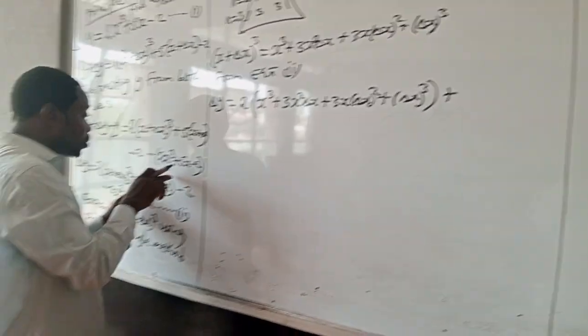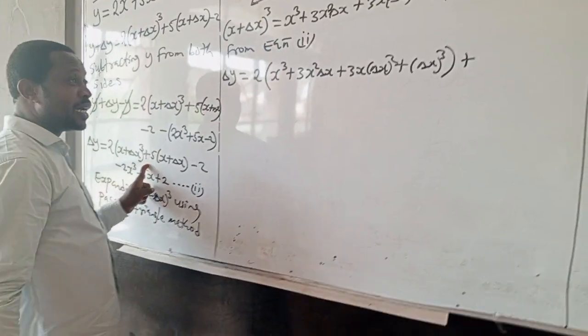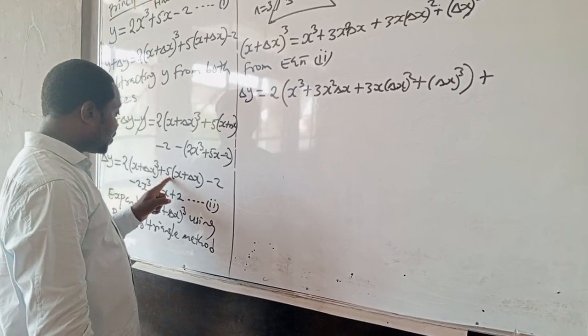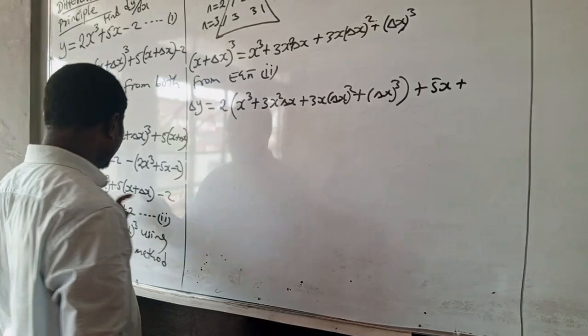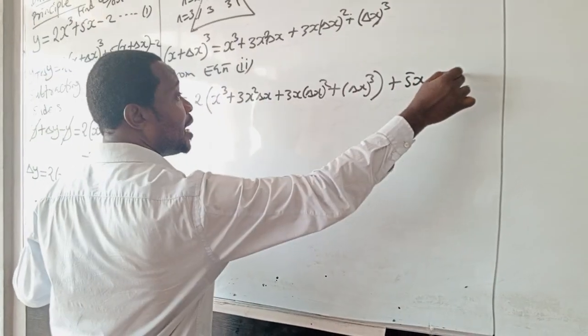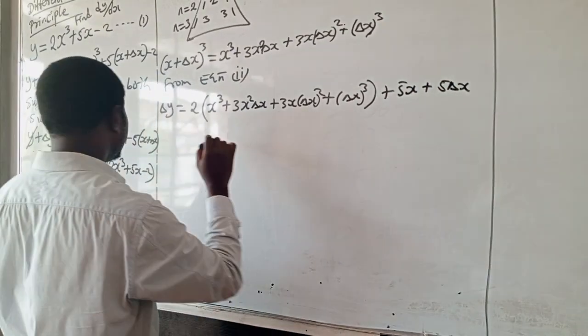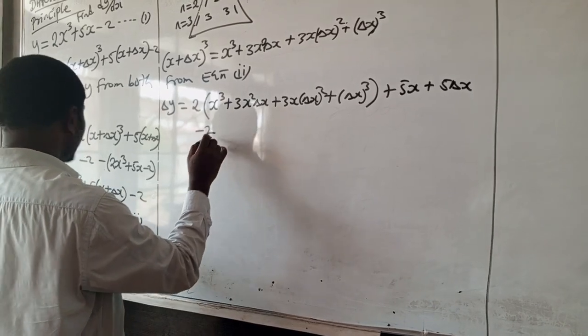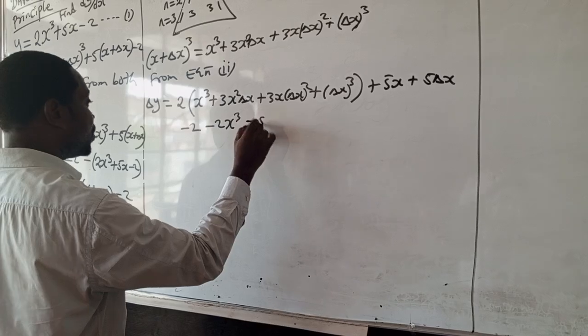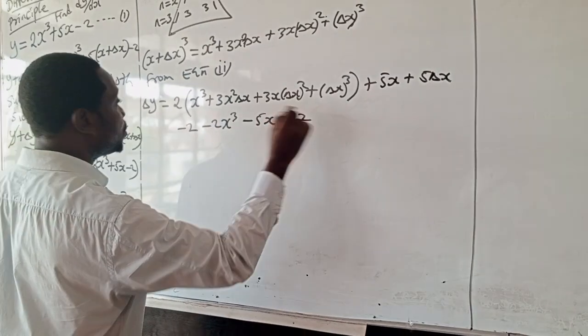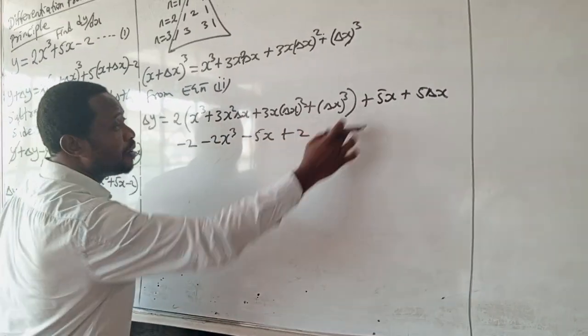Because the power of this is 1, you can just open the bracket directly. So you have 5 times s will give us 5s plus 5 times this will give us 5 changing s. Then minus 2, you write the whole of this, minus 2s to the power 3 minus 5s plus 2. Then these two will multiply everything here.